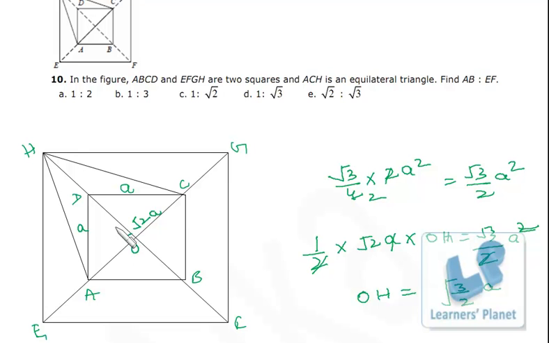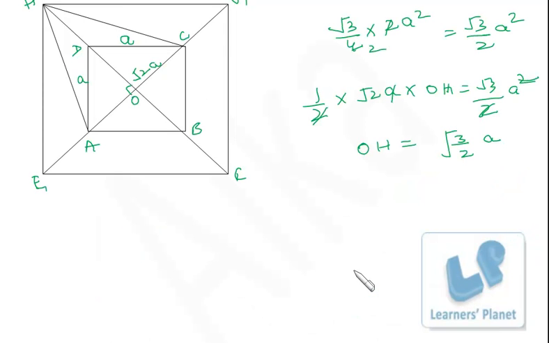Now OH and OF, both of them will be same because the diagonals bisect each other. So this is the midpoint of HF diagonal. So OF will also be root 3 by 2A. OF is root 3 by 2A.